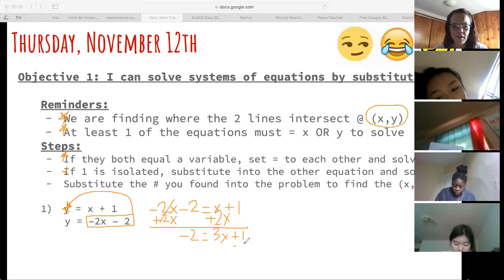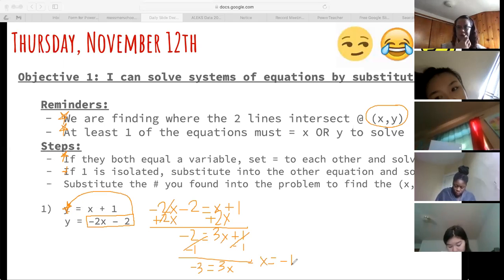Then I'll subtract my 1, and I'll have negative 3 equals 3x. I'll divide by 3, and then I'll have my x equals negative 1. Okay, so just to recap, I set them equal to each other, and then I solved for my variable.